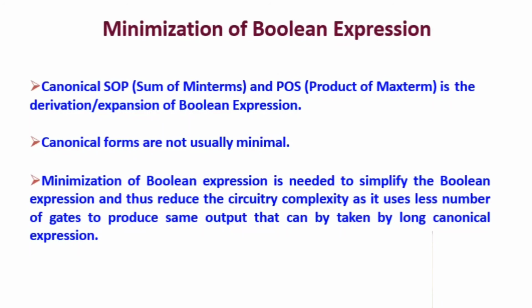Somebody might get the minimized answer in 3 steps, somebody might get it in 5 steps, and somebody might not get it. To replace that, we will have some standard methods like the Karnaugh map and the tabulation method, which we will be covering in our next lecture. Thank you very much.